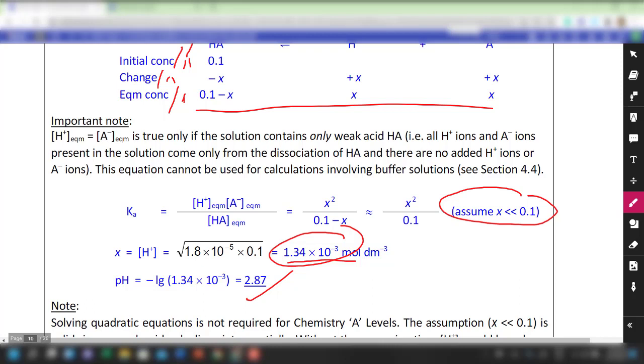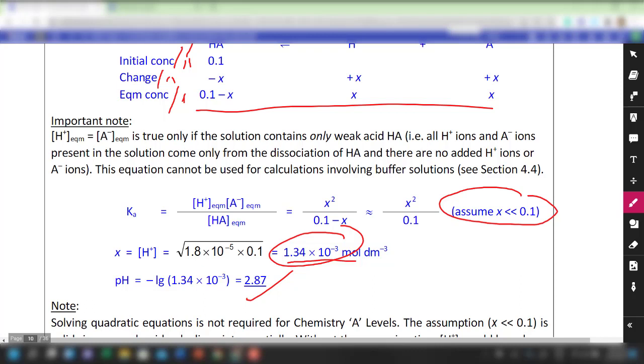Then some of you might be asking, is this assumption always true? If you remember what I mentioned earlier on, it is not always true. The reason is because if your Ka is of a relatively large magnitude, say 10 to the power minus 2, or even in the high 10 to the power minus 3, you might get a relatively different answer if you make an assumption.